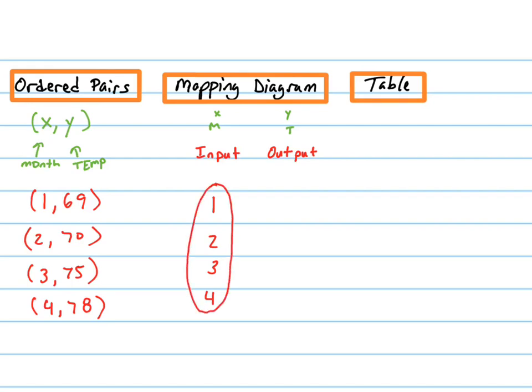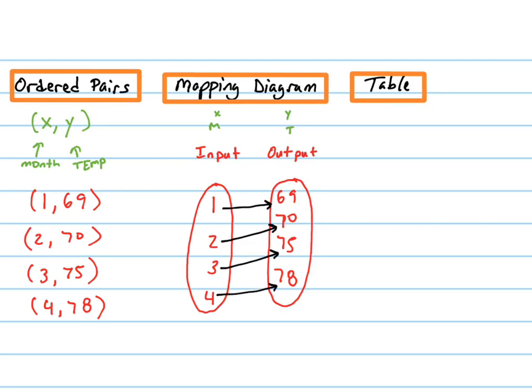Outputs, we've got 69, 70, 75, and 78. Put an oval around this. And we're going to map where each one goes. So January maps to 69 degrees. February maps to 70. March maps to 75. And April maps to 78.